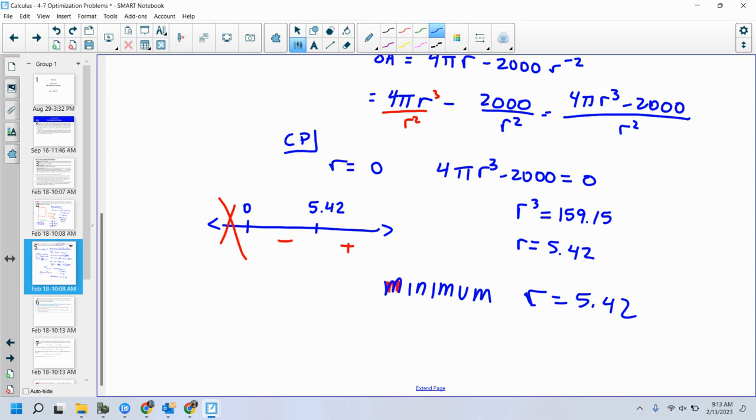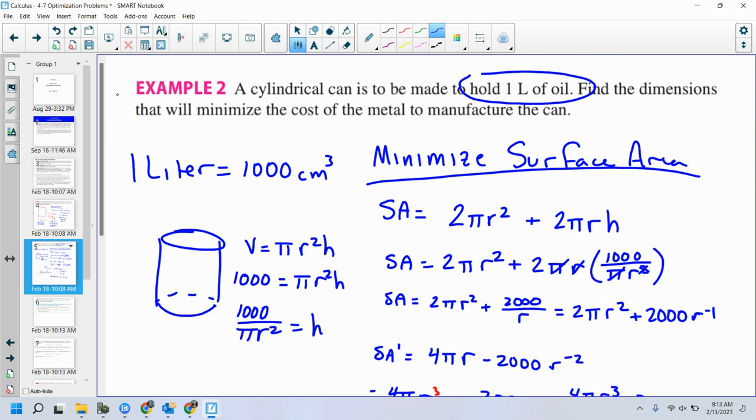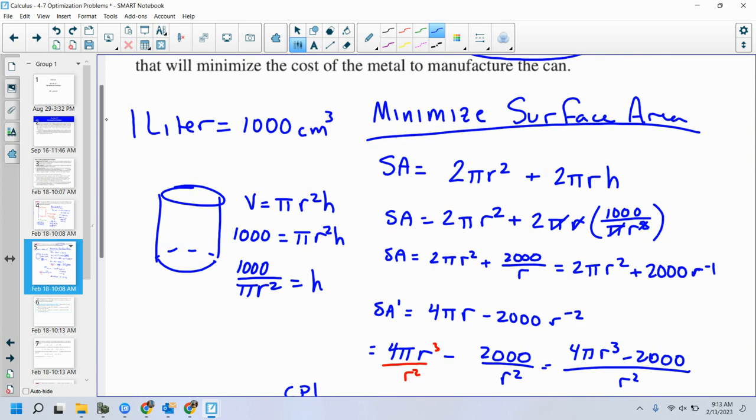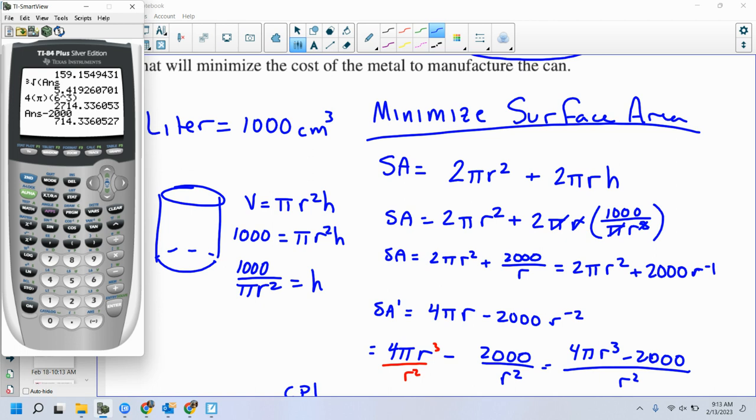All right, so let's figure out what the other dimension was, because I need to not only find the radius, but also find the height as well. Well, let's plug it right into here. 1,000 divided by pi times radius 5.42 squared. This is going to be my height.